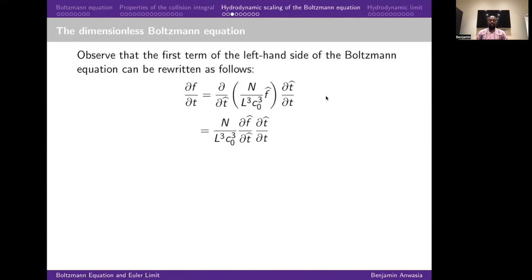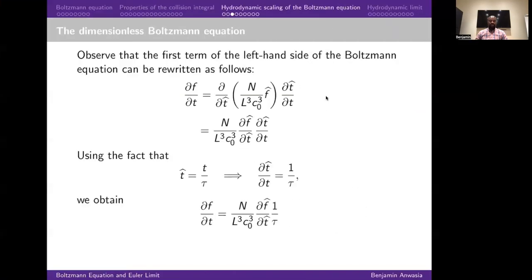Now, using the definition of the dimensionless time, t hat, which is equal to t divided by tau, taking the partial derivative of t hat with respect to time t, we obtain that it is equal to 1 over tau. Therefore, the previous equation can be written as follows. Rearranging the terms on the right-hand side of this equation, we can rewrite it as follows.